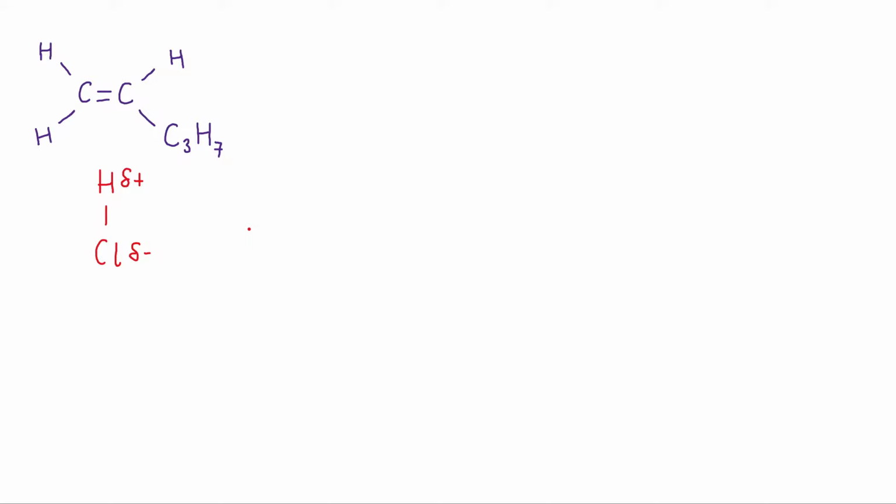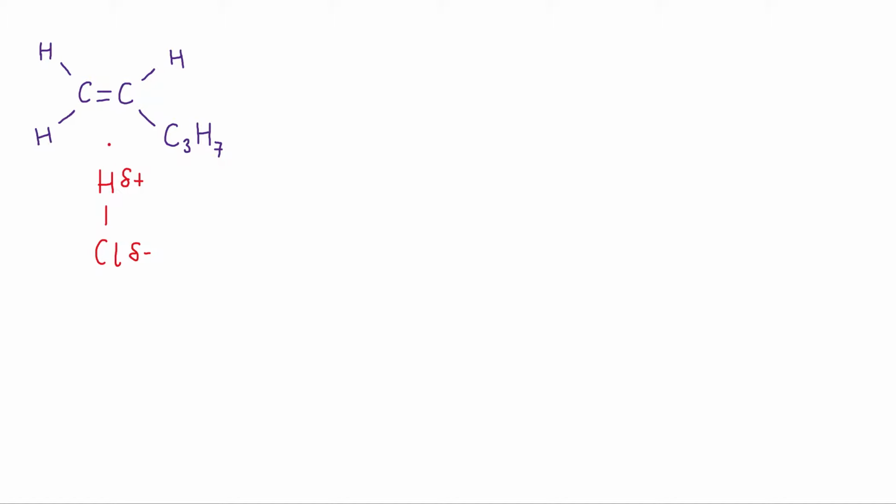Okay, but there are two possible products that can form, but just from one molecule of this alkene and one molecule of hydrogen chloride, we can only form one product, and that's why this is called an addition reaction. There are just two possible products that could form.